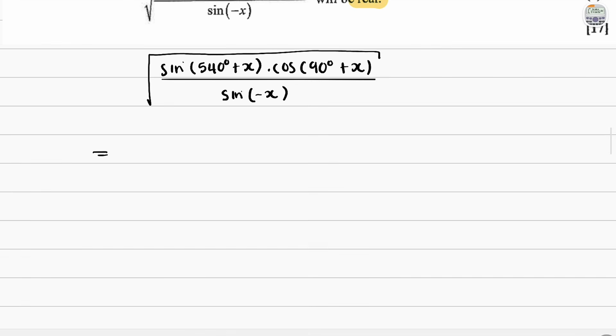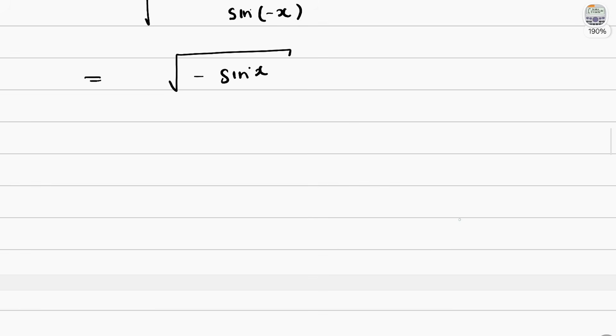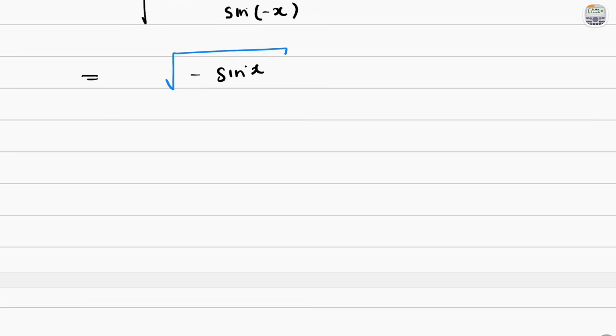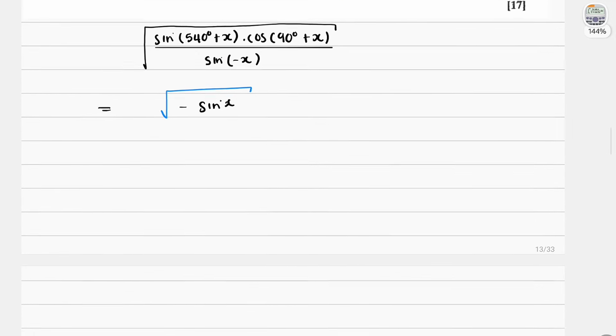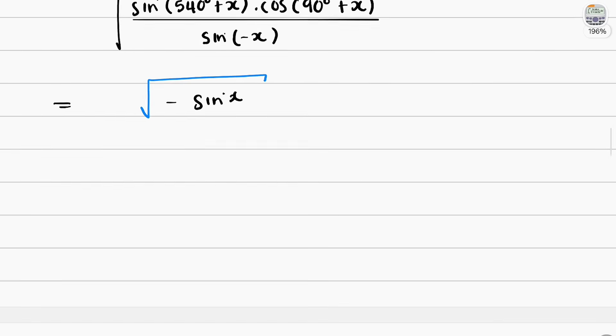So we simply need to find the values of x for which the square root of negative sine x is real. Okay, because we have a square root here, you know that if you square root a negative number, it will be non-real. So let's see which values of x will make this real.